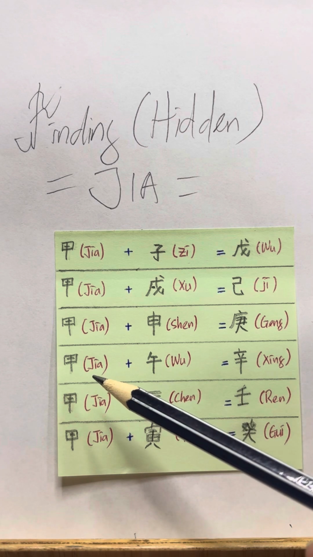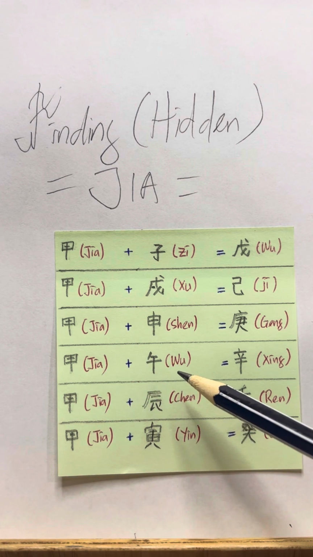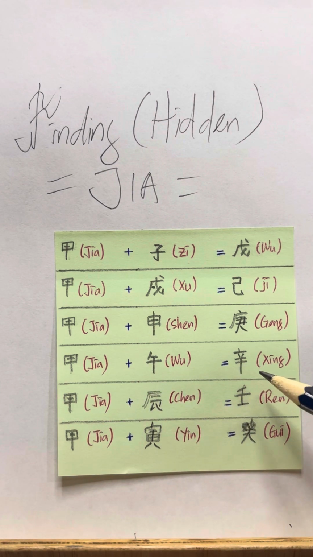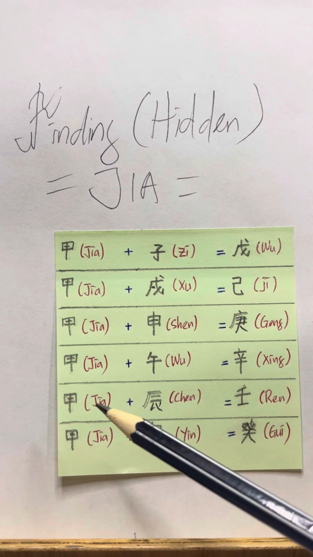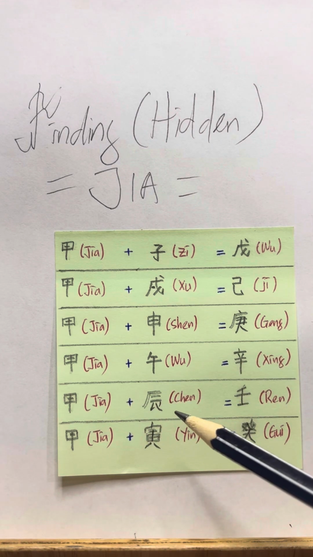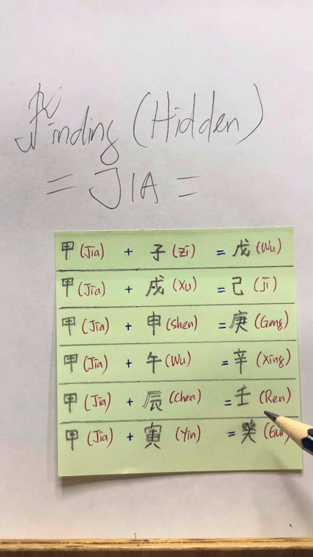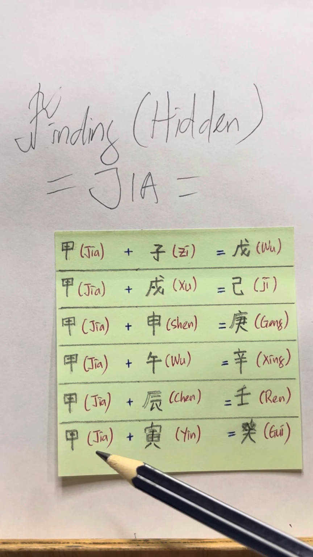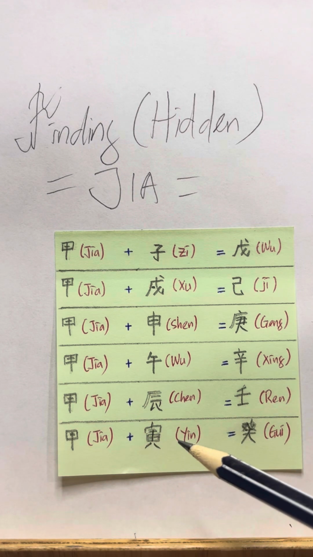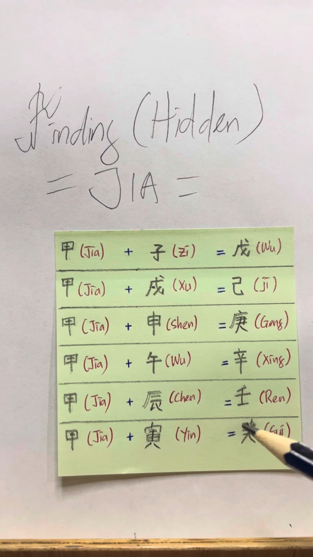If Jia is combined with Wu, it can be found in Xin. Jia, if combined with Chen, it could be found in Ren. And lastly, if Jia is combined with Yin, it could be found in Gui.